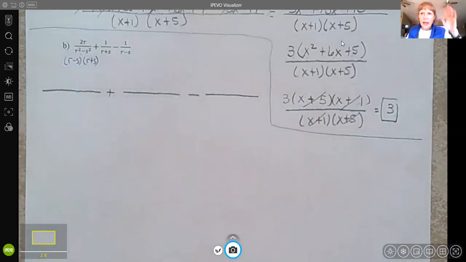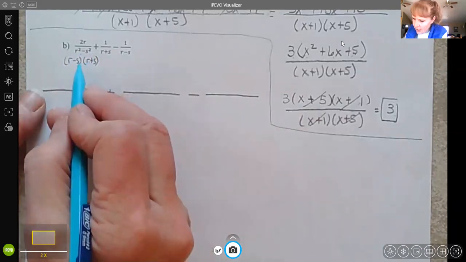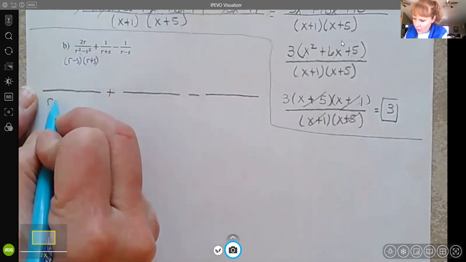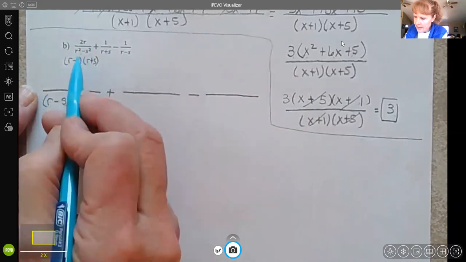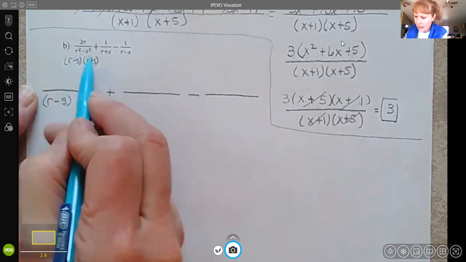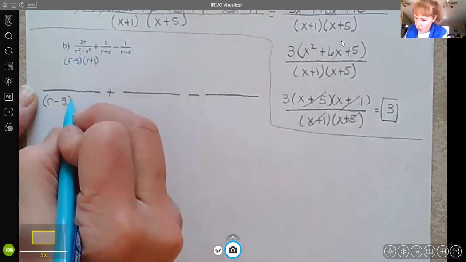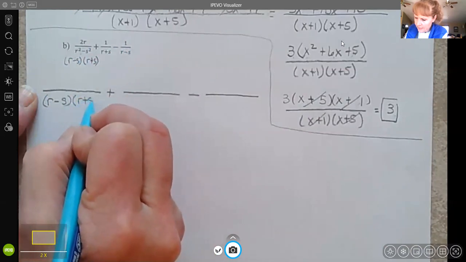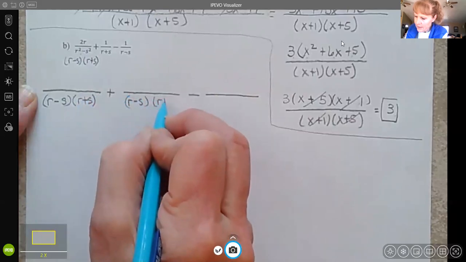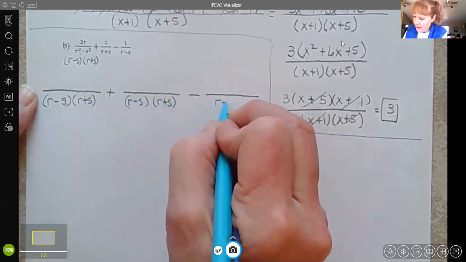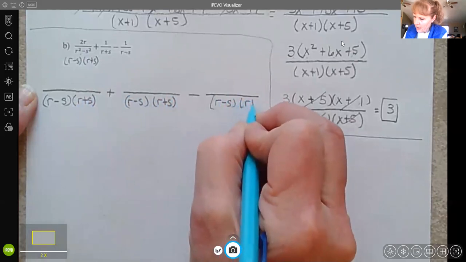It's a difference of 2 squares. r squared minus s squared. So our least common denominator is r minus s. That takes care of this one, and r plus s. r minus s, r plus s, r minus s, r plus s.